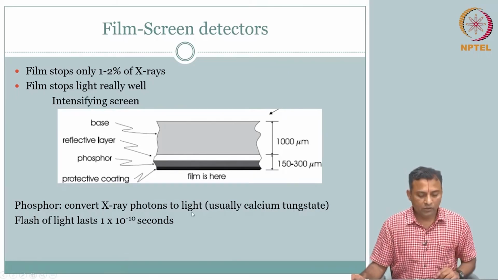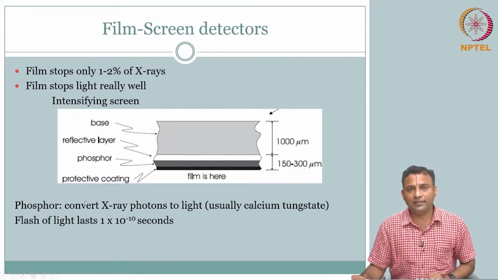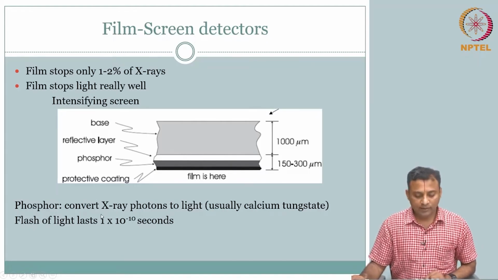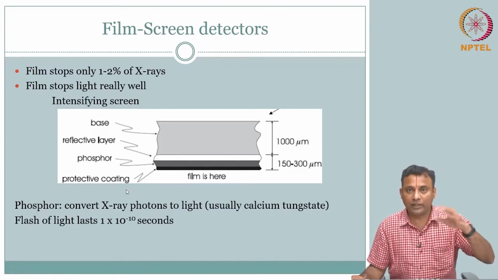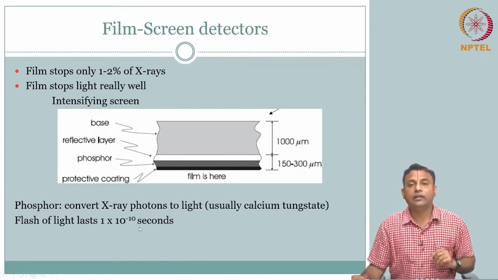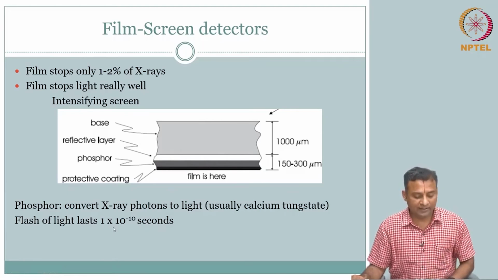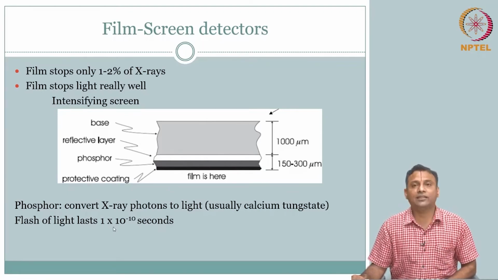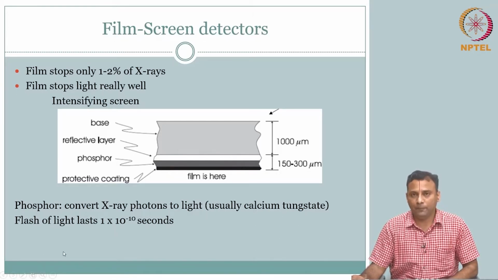Okay. So, one of the desirabilities is that when the X-ray photons are converted to light photons, it has to flash out in a time that is very short. What is short? 1 into 10 power minus 10 seconds, that is the order it takes, right. So, you want to catch this flash of light, or rather the film needs to be exposed to this flash of light.